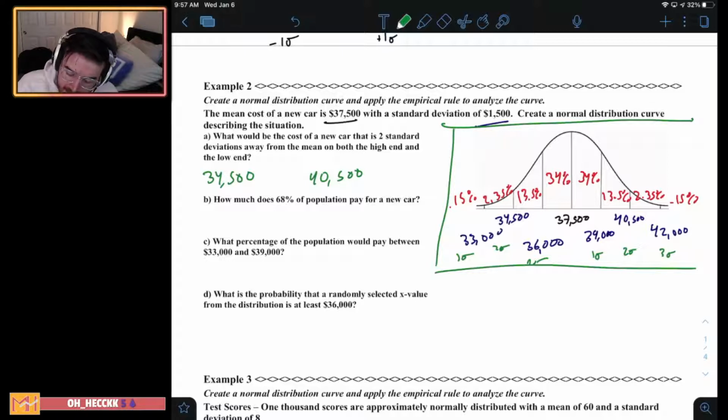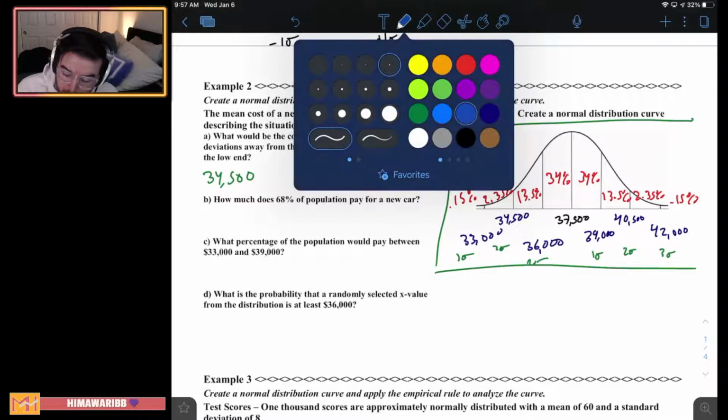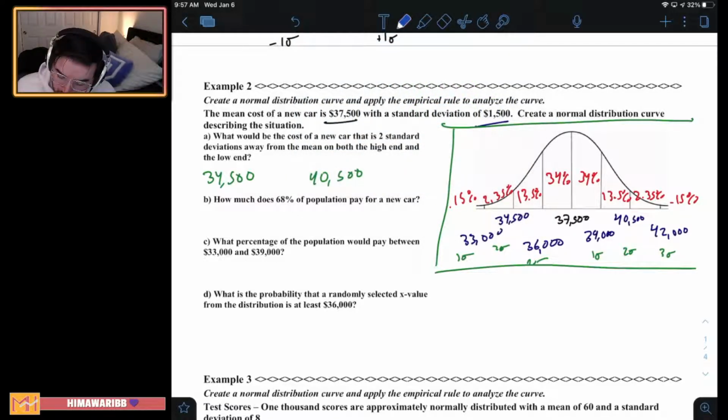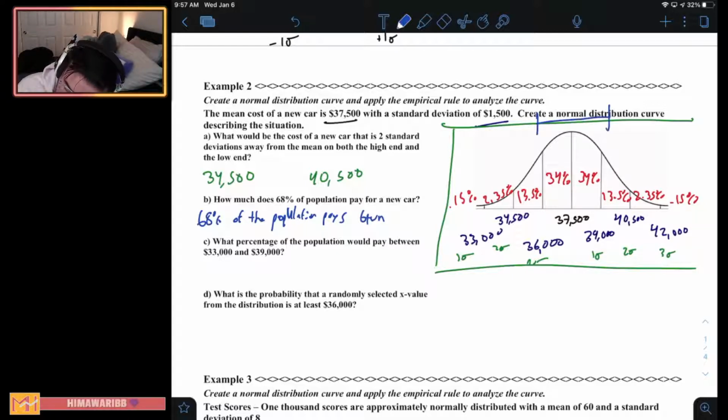How much does 68% of the population pay for a new car? So we're able to make some really concrete observations. Based on this data, 68% of the population pays between, so this is the 68% right here, between $36,000 and $39,000.